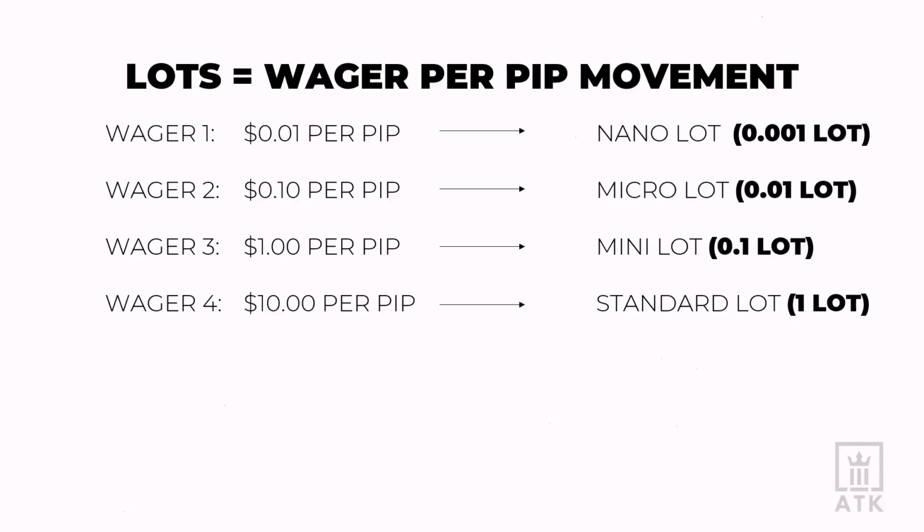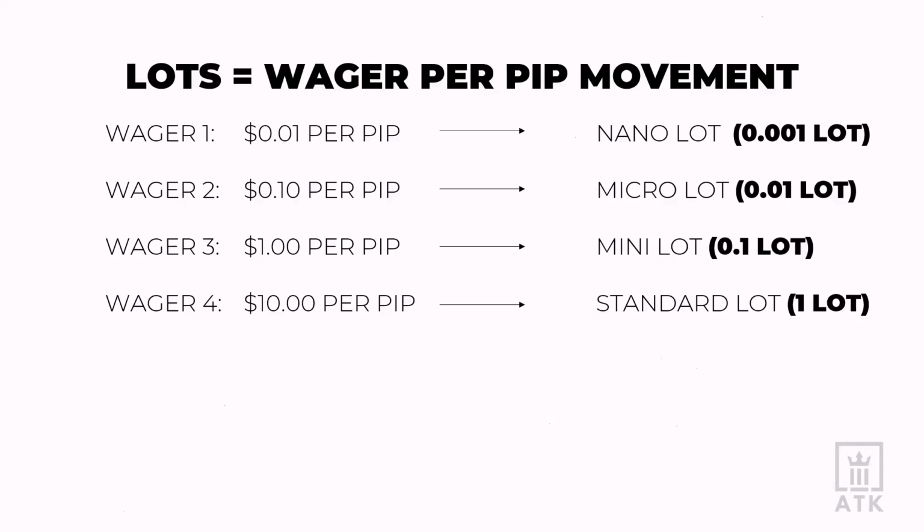So 5 lots. If I said I wanted to wager 87 cents per pip, how many lots is that? That's a little difficult. I'm going to help you out with that.